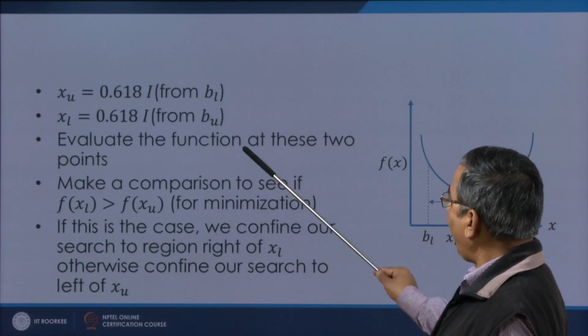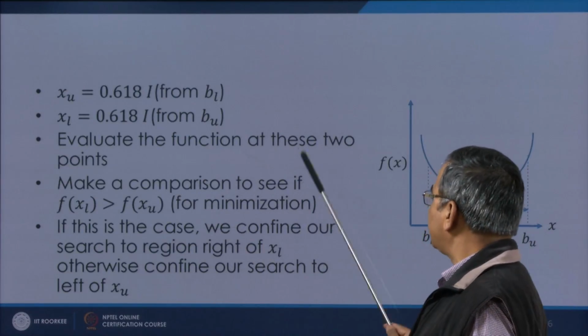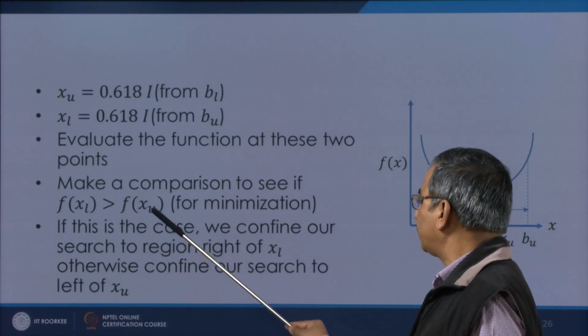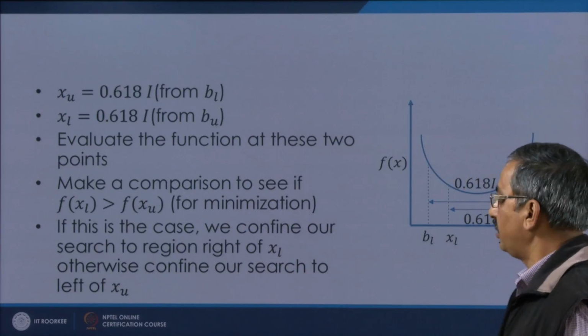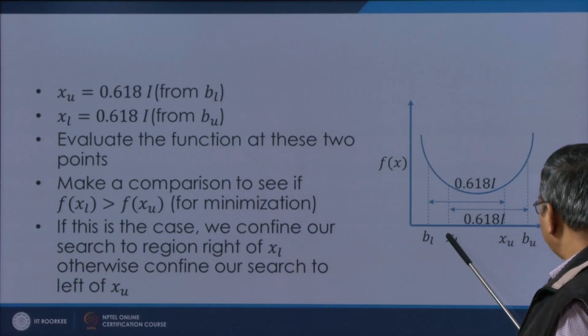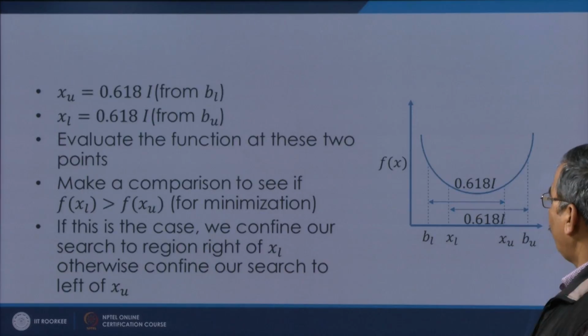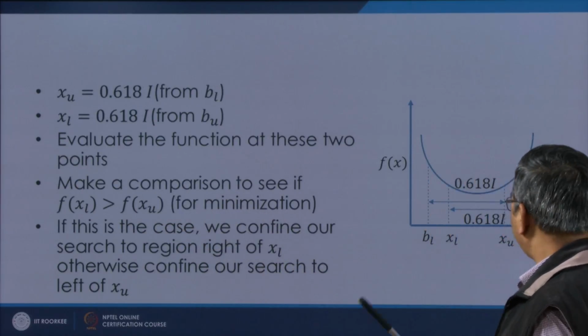I evaluate the function at these 2 points and then make a comparison to see if the function value at XL is more than the function value at XU, and of course, this is the condition for minimization. So, we evaluate the function value at XL and at XU. Now, what happens if f(XL) is greater than f(XU)?